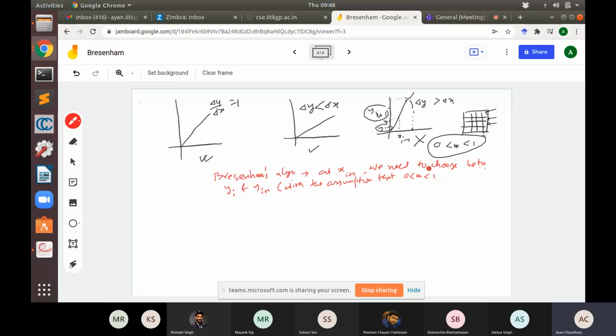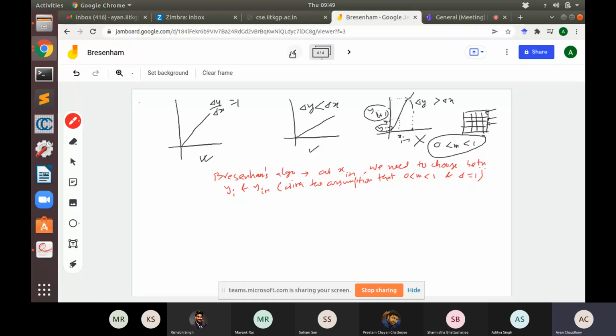There are other cases as well. And also delta x is equal to 1, because we are considering this discrete pixel grid. If delta is equal to 2, that's different, 3 is different. So that's how this works. Let's start from here.